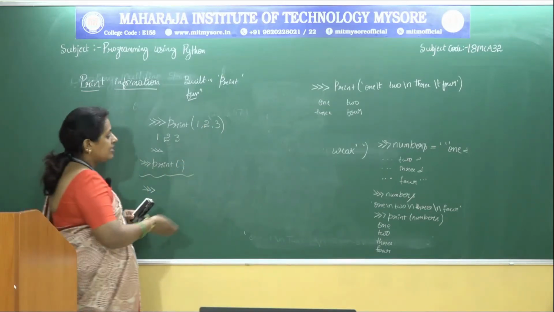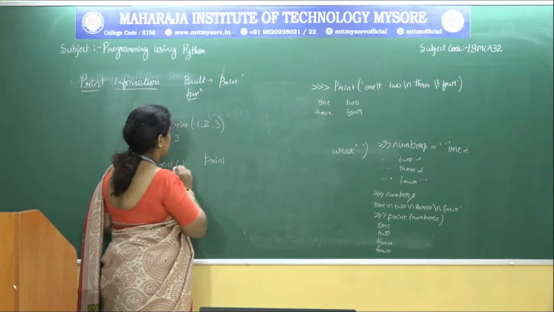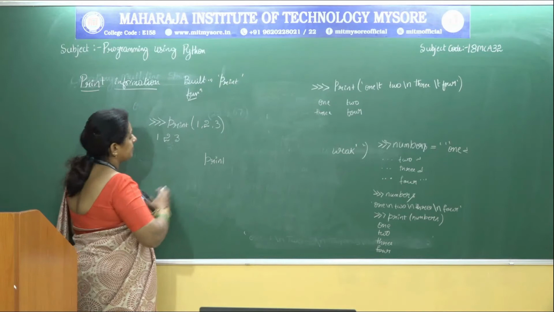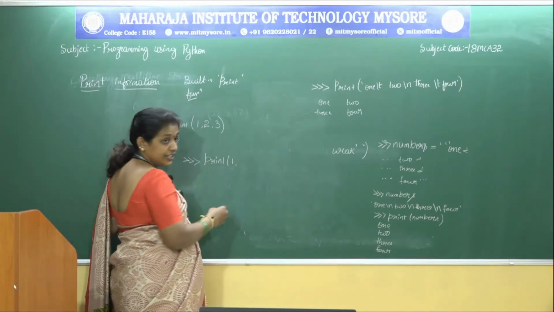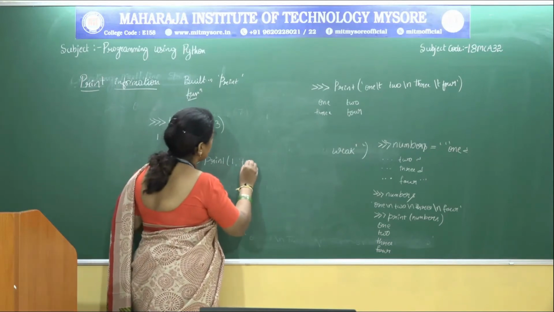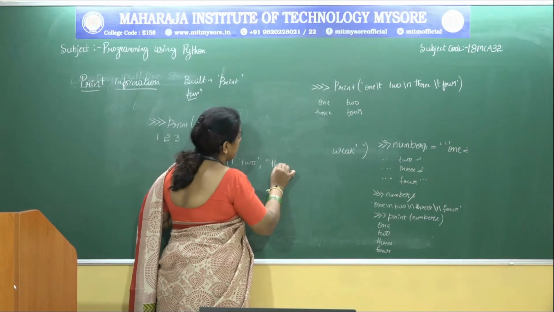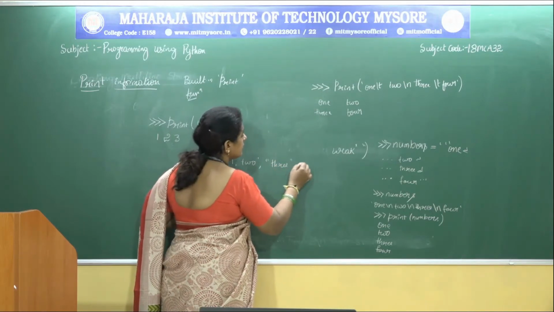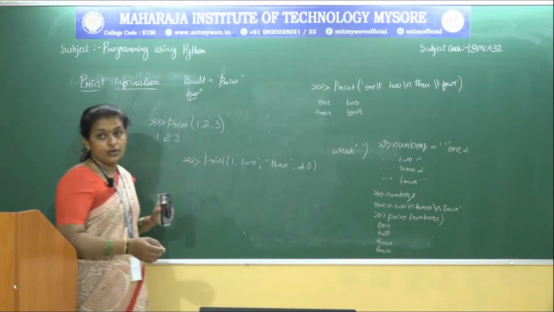Let me give an example. Print an integer, a string, a floating point value.